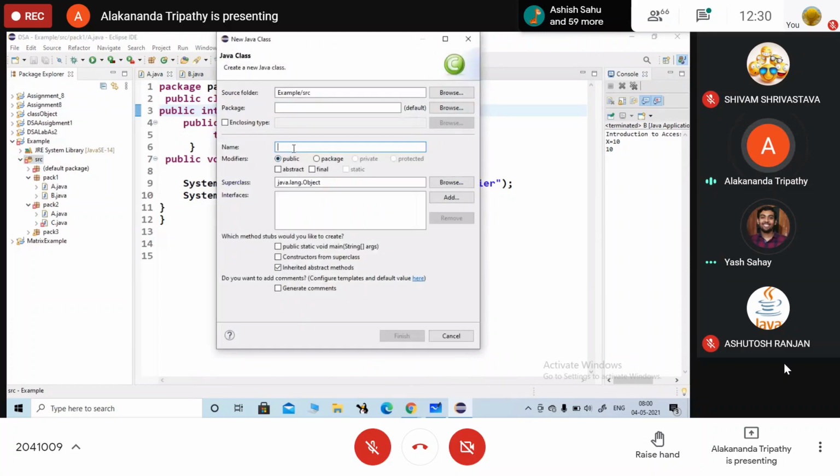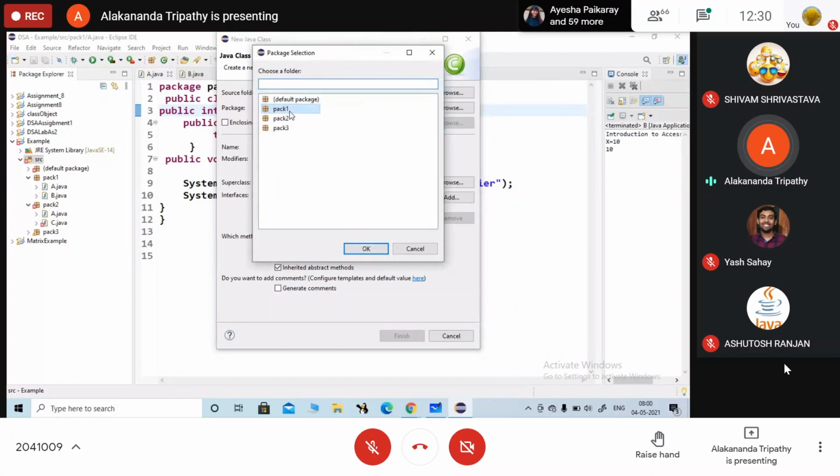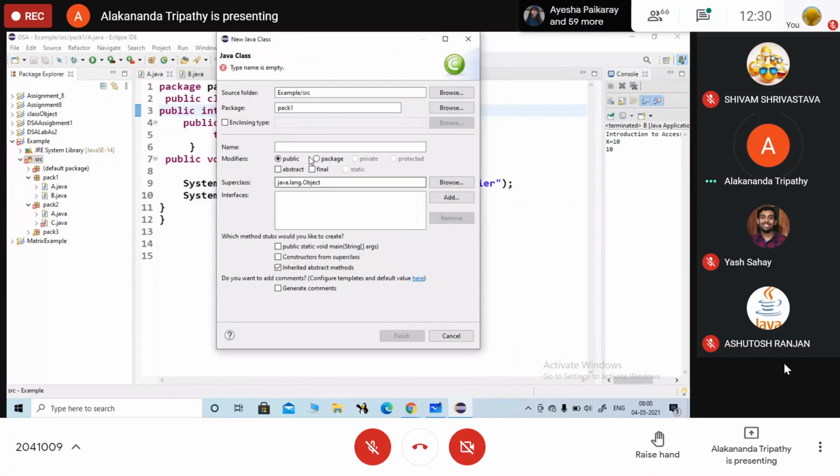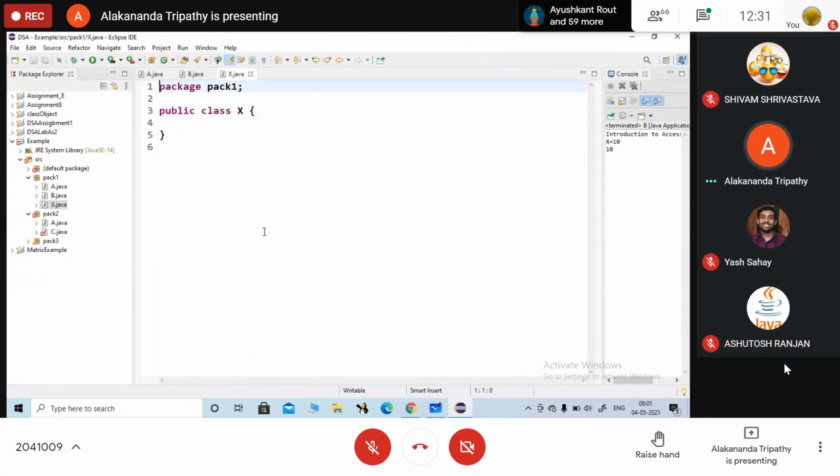Create a method. Okay. I will do with another one. यहाँ पर package में I will check package 1. Let my class name here is X. Package 1 में मेरा एक class बना X. Here I am just using one method void display. यहाँ पर एक मैं लिख रही हूँ. ये दो मैं class बंद कर देती हूँ.